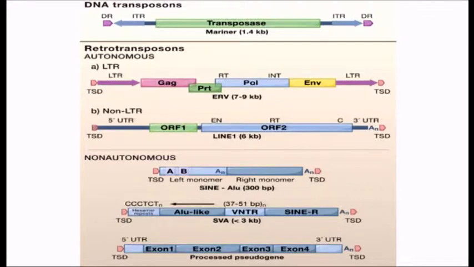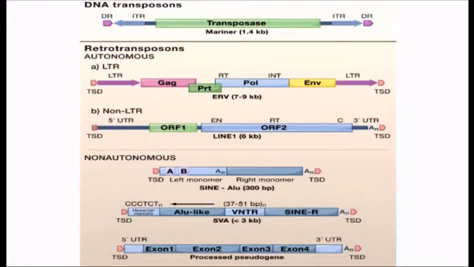And they contain a transposase to get them to move from one site to another. They make up about 3% of the human genome, and they're all inactive. Okay, there are active ones in bacteria and fruit flies, but we don't have any that are active. They may well have been active millions of years ago in the human lineage.